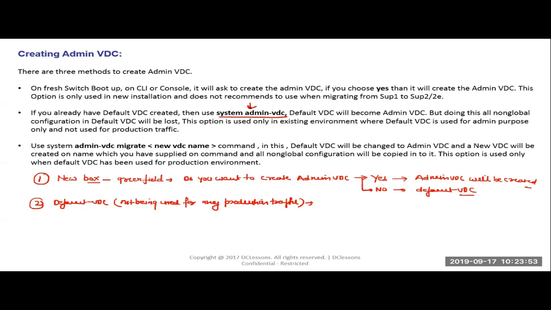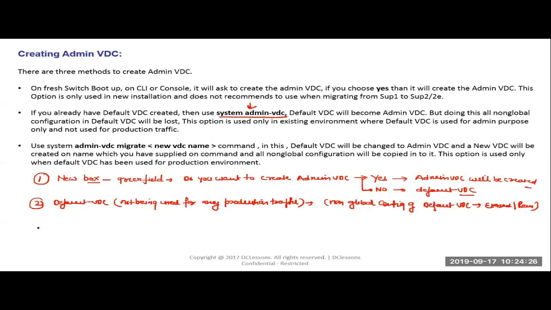But while doing so, all non-global configuration of the default VDC will be erased or removed. So the second option is used only when your default VDC is not used for production traffic. Make sure of that; only then can you use the second option.